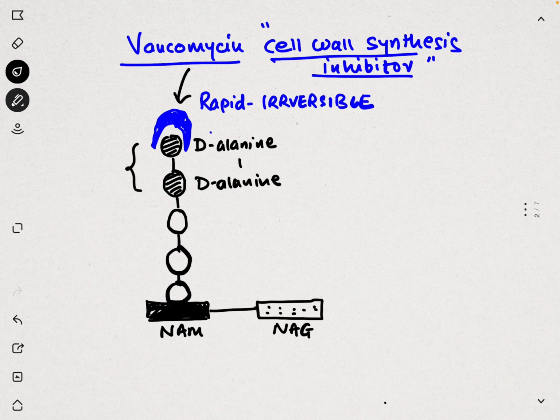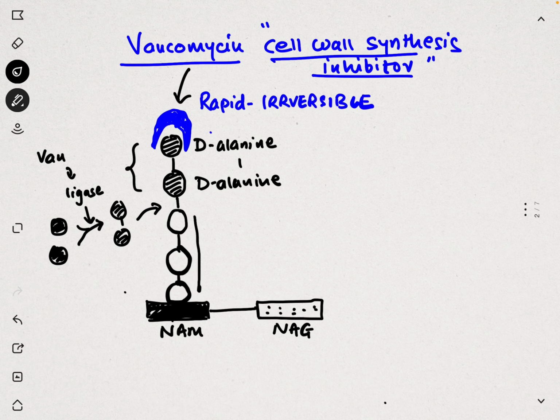So initially these two amino acids are separate, and then a van gene codes for a ligase enzyme in bacteria, and this ligase will form this dipeptide structure of D-alanine-D-alanine, which then attaches to this tripeptide molecule on this NAM, and forms the pentapeptide side chain, because it has 1, 2, 3, 4 and 5 amino acid molecules, right?